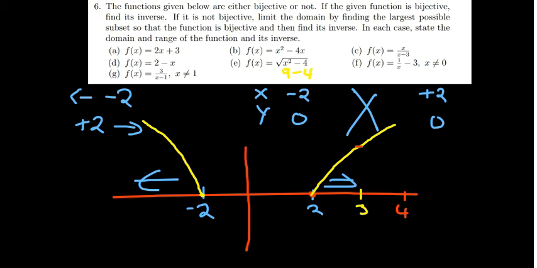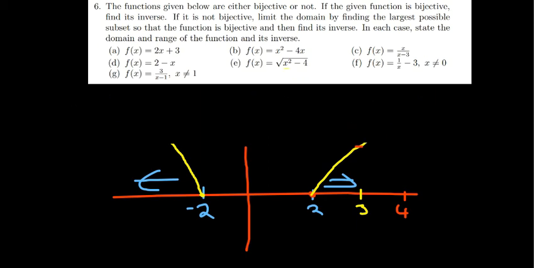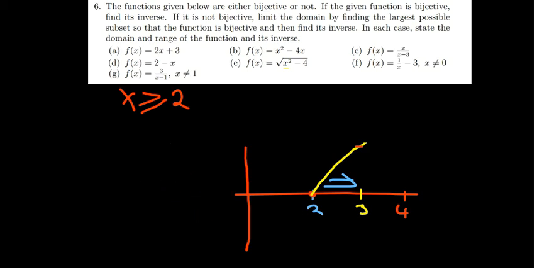So we'll say our restricted domain will be x should be greater than or equal to 2 if we are to have an inverse. We've restricted it to that domain, else it won't work. Okay, so we're only remaining with that part of the function.